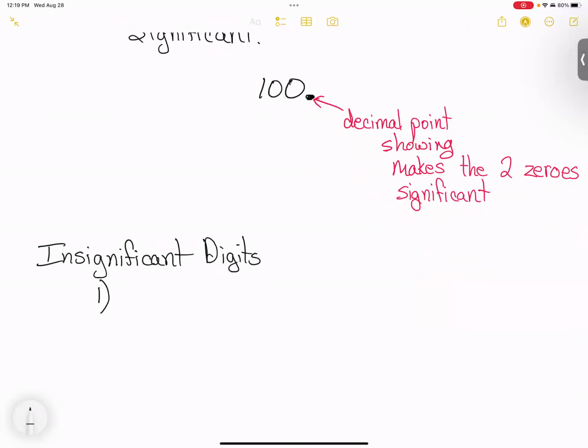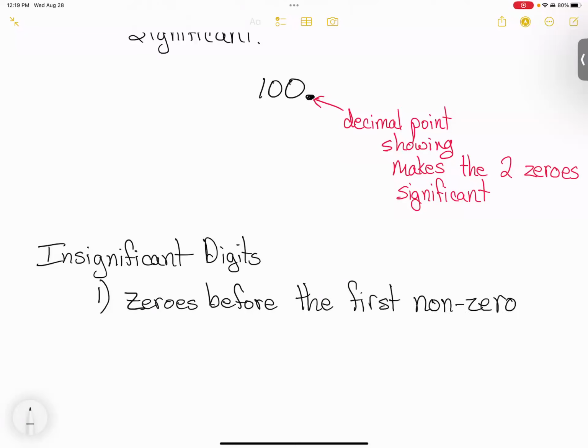Rule number 1 for insignificant is that zeros before the first non-zero digit are insignificant.